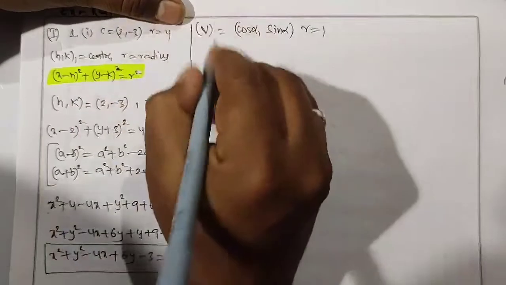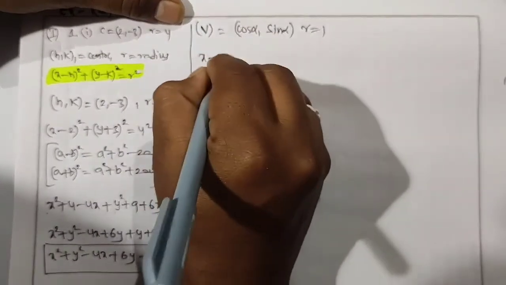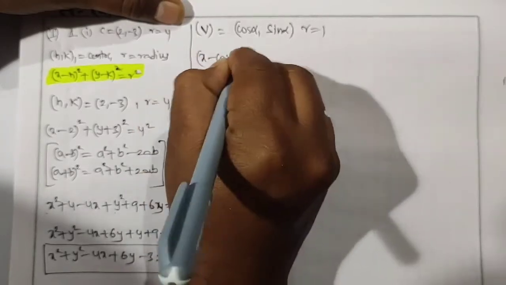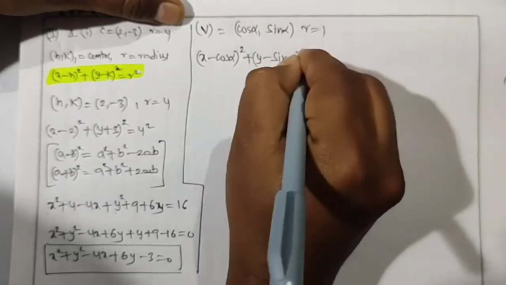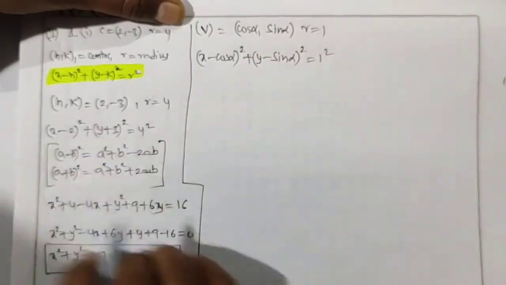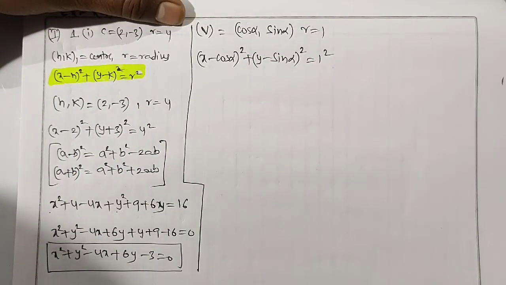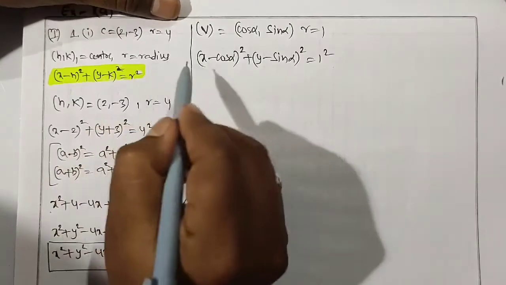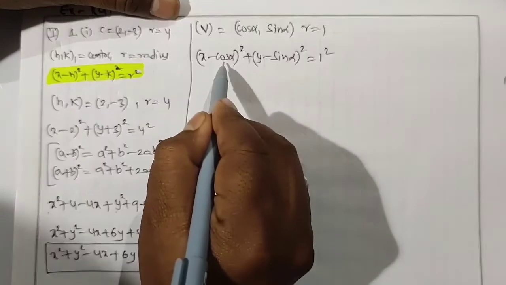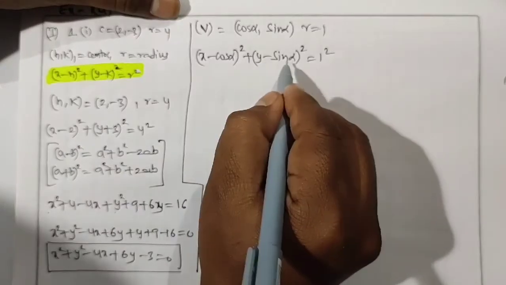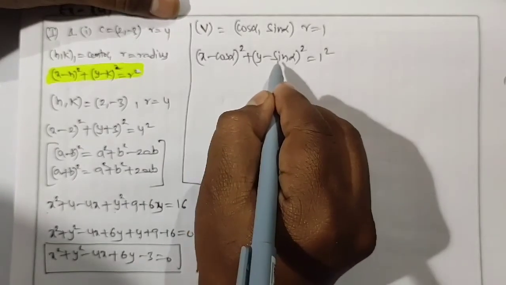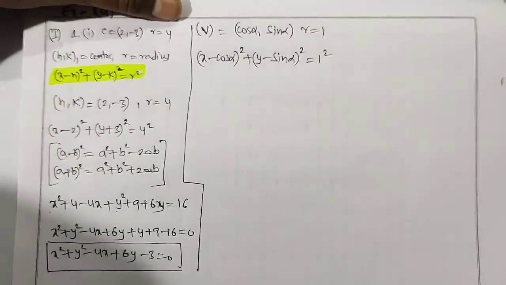We get x minus cos alpha whole square plus y minus sin alpha whole square is equal to 1 square. Here if you observe, x minus cos alpha is the a minus b whole square formula, and y minus sin alpha is also the a minus b whole square formula.